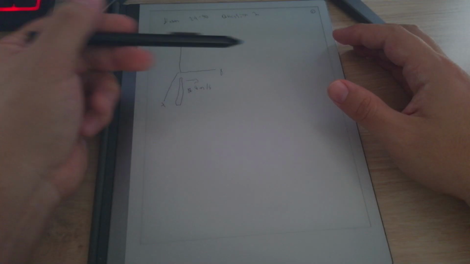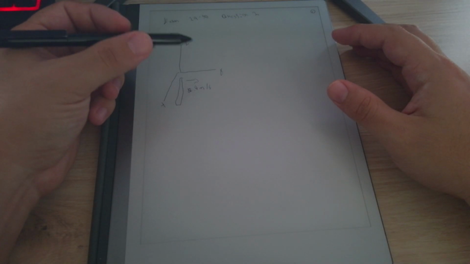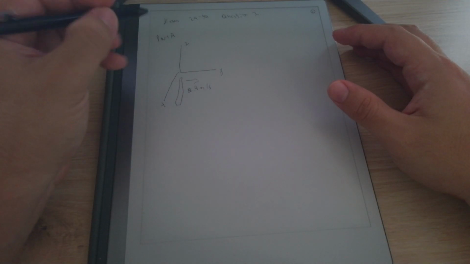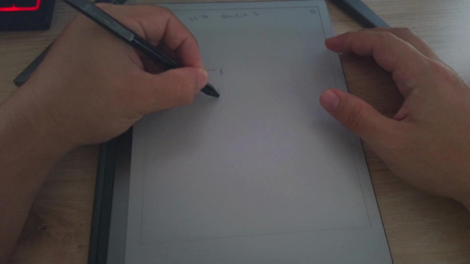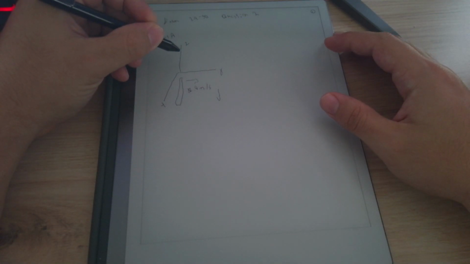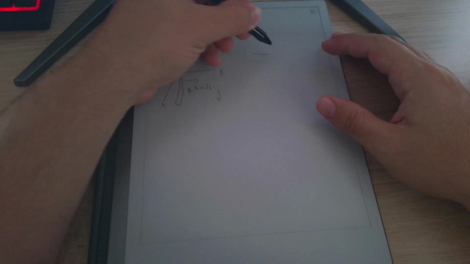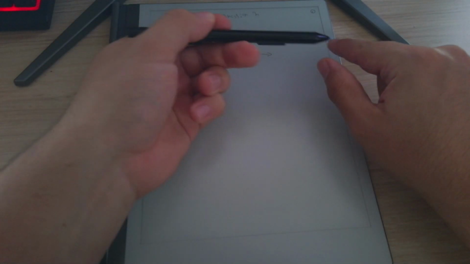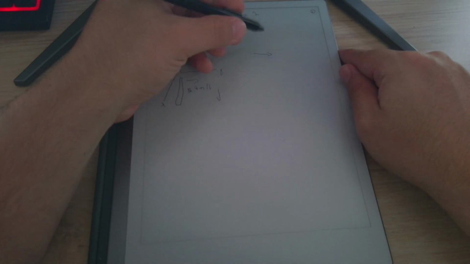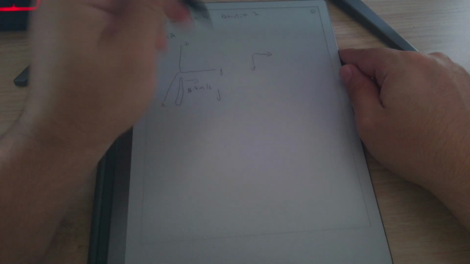This is where our direction is going, so our force is in this way, to our right. But our uniform magnetic field is going in the negative z direction, so the field is going down.